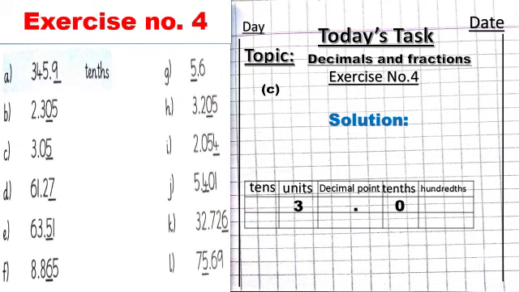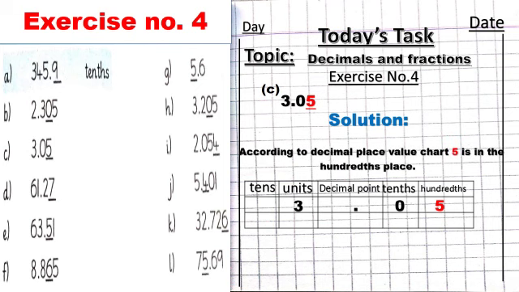Let's move to part C, that is 3.05. So dear students, here we will identify the place of 5 because 5 is the underlined digit. To identify the place of 5, we will draw the decimal place value chart. Look, here 5 is in the hundredths place. So according to the decimal place value chart, 5 is in the hundredths place.